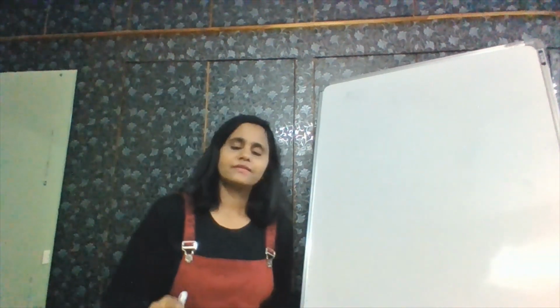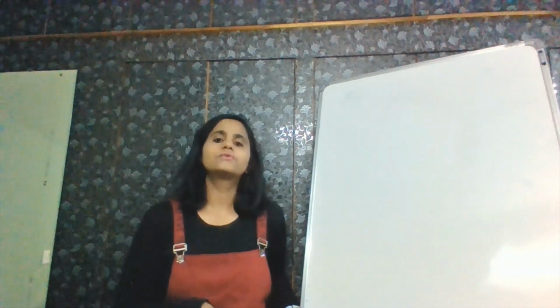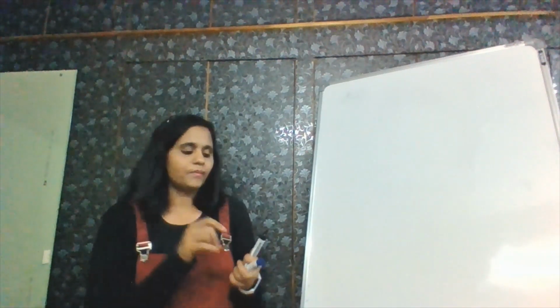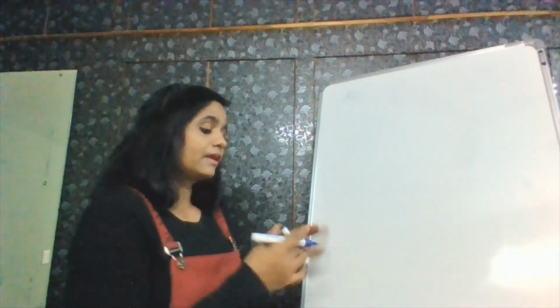The Slutsky equation we have seen a little bit in the last class when we were looking into price effect, substitution effect, and price income effect. So what is the Slutsky equation?